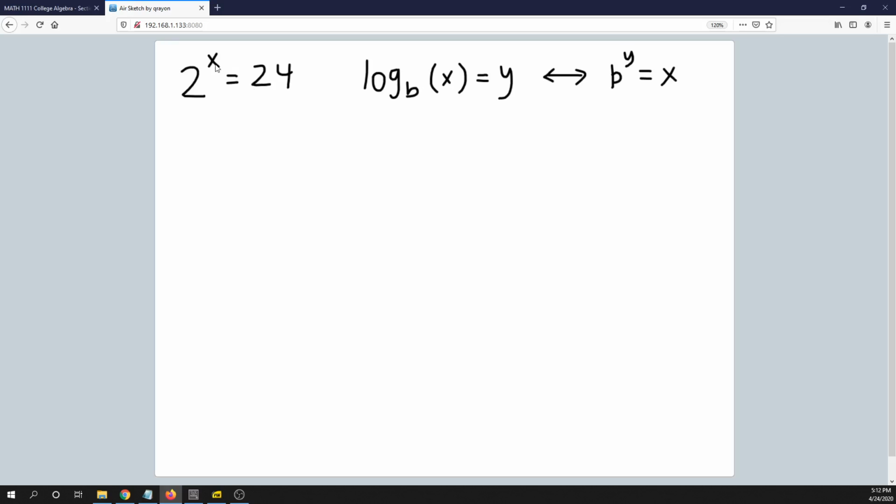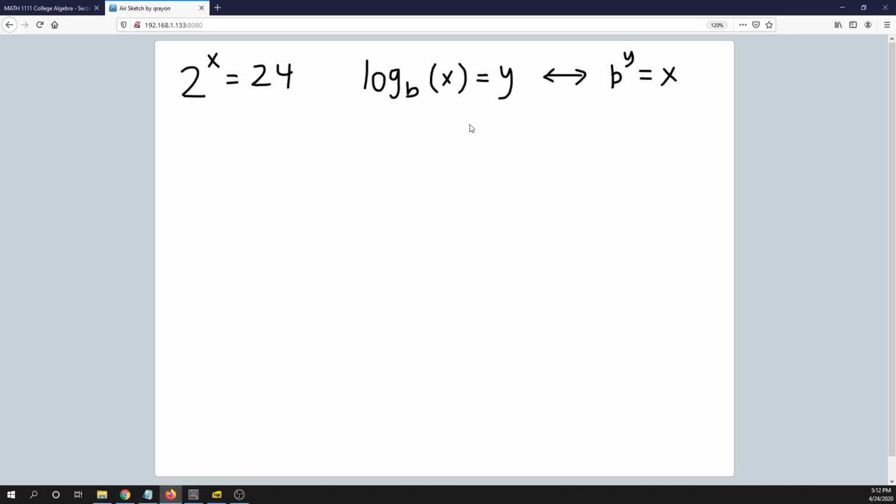We want to solve for x, so what we're going to do is switch it over to the logarithmic form. Now you might ask, what base should I use? It actually doesn't matter a whole lot theoretically. You might say, I should use base 2 here, and you definitely need to do that if you're going to use this approach.